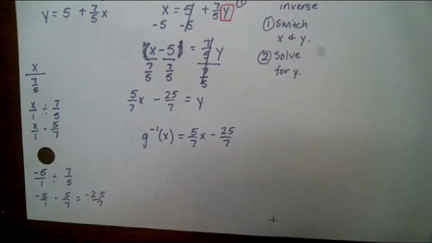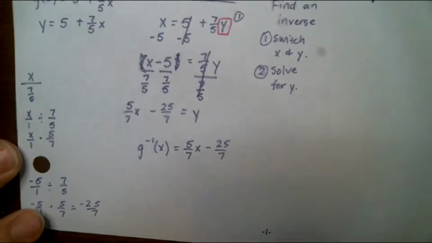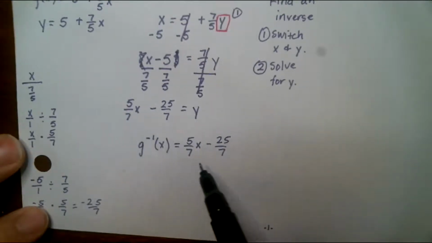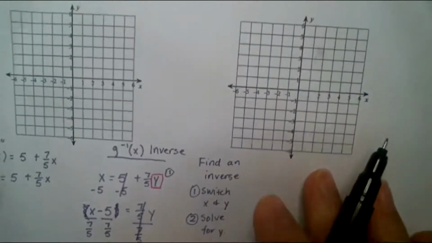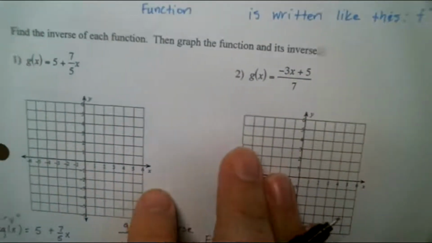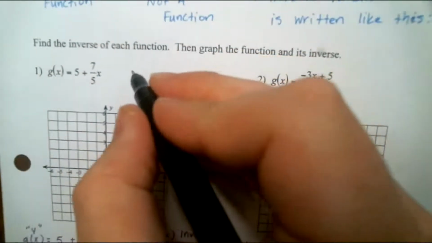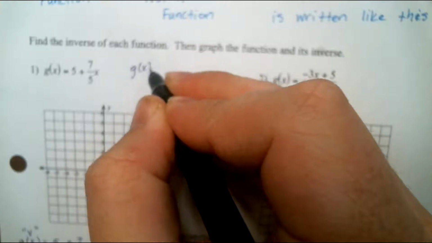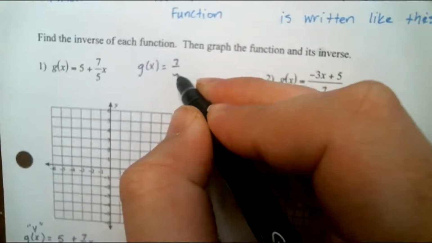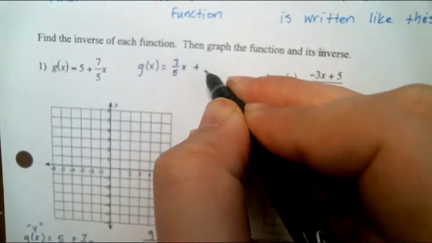Okay, so now I have my inverse. So let's come up here. My g of x, I'm going to rewrite in y equals mx plus b form. So that would be 7 over 5 x plus 5.